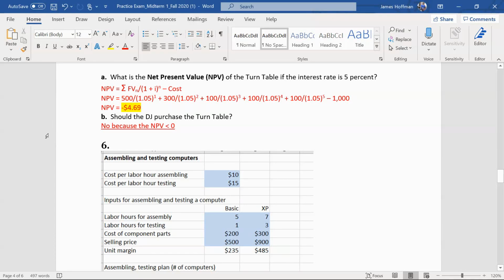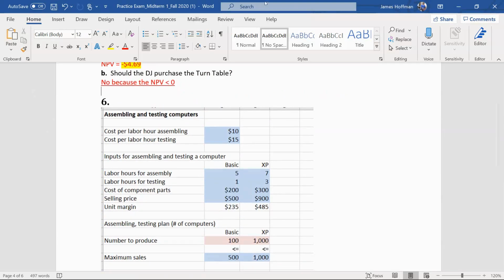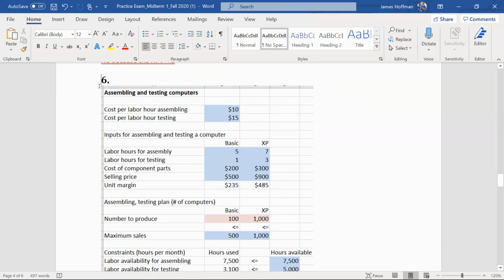Okay. All right. Everybody doing okay? We're ready for number 6. All right. Let's keep going. If you have questions on the past problems, then just let me know.